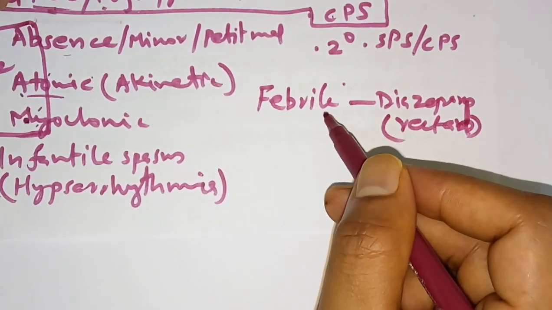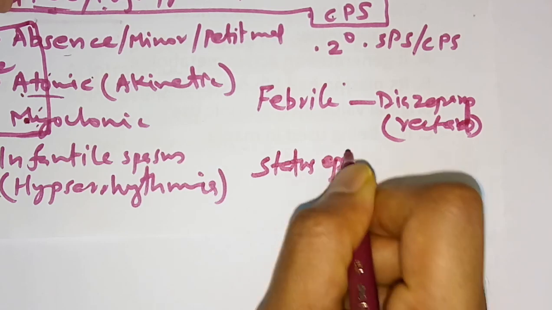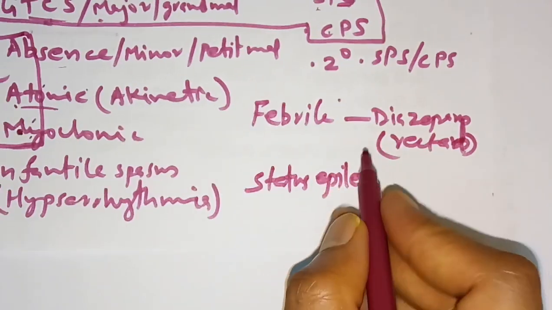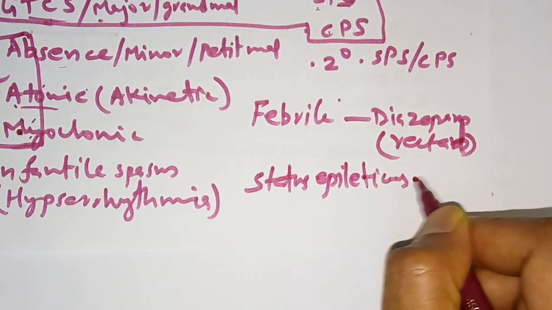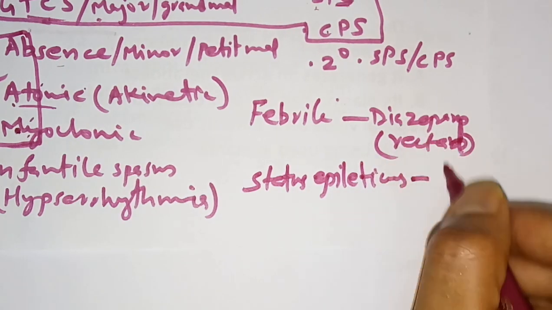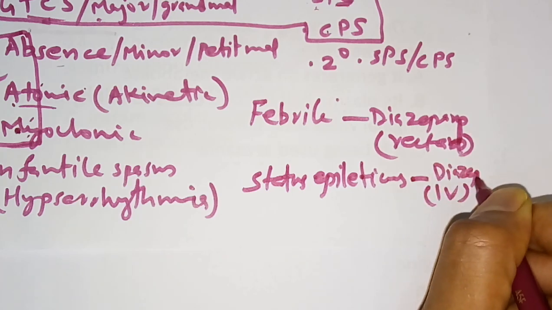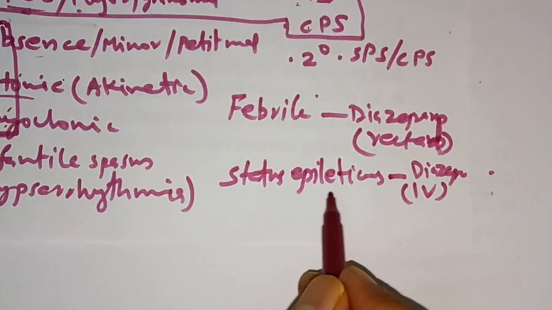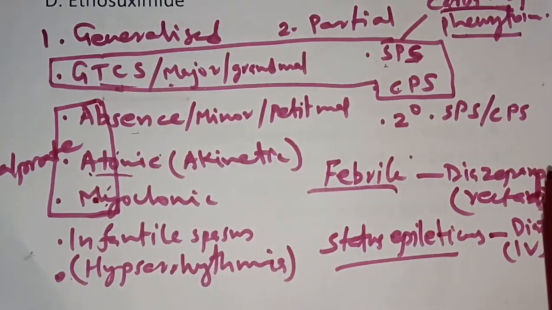Then the last one is status epilepticus, which we also discussed in the last question. Status epilepticus is also diazepam, but it is IV diazepam. Febrile seizure, rectal diazepam. Hope you understood all these things.